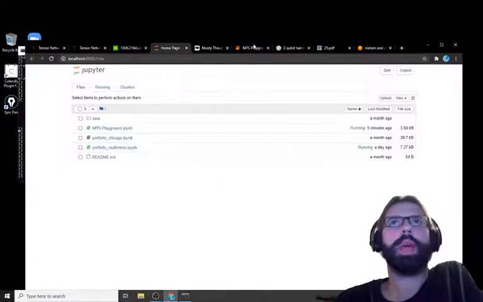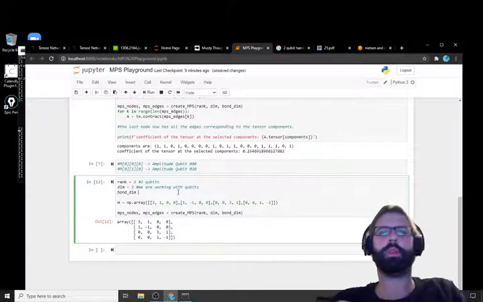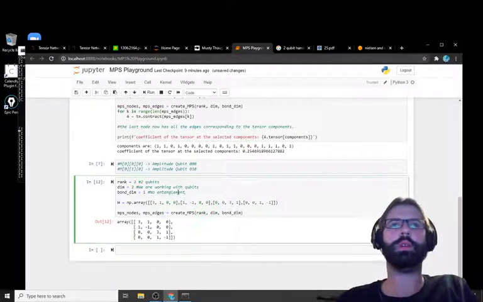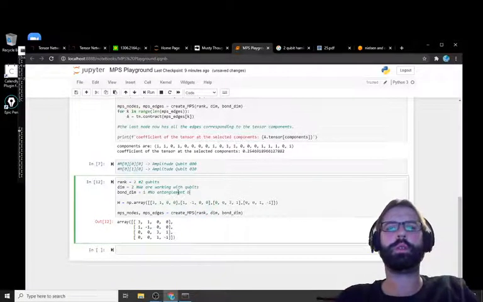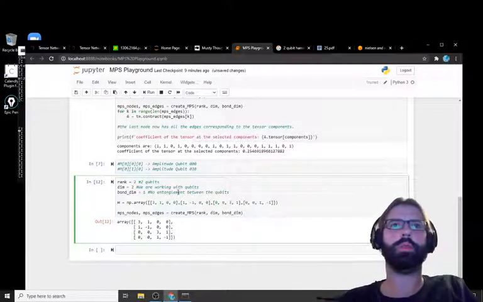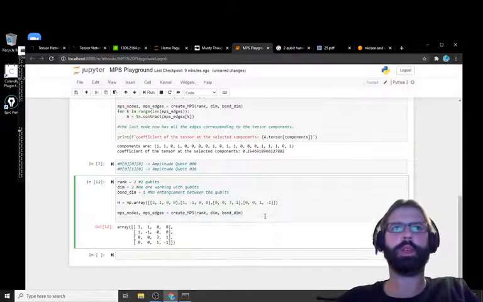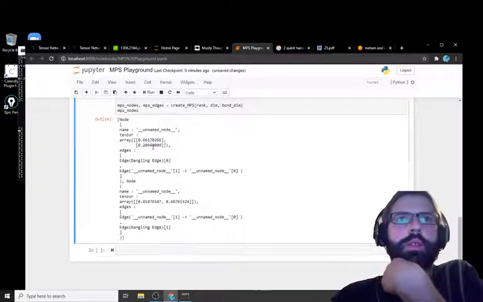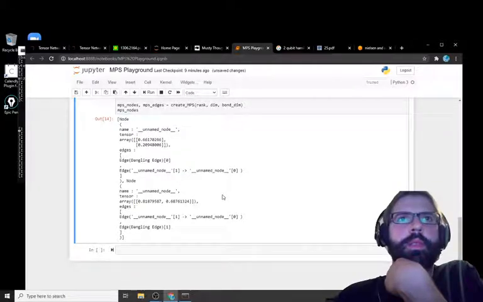Okay, let's take a look at what happens if I just say bond dimension 1, no entanglement between the qubits. And so I create the MPS, and now I say MPS nodes. What do I get? So I get this node with a dangling edge.